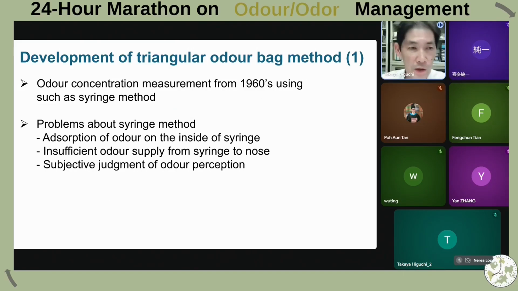And in 1960s, there is no original sensory odor measurement method in Japan. So odors were measured mainly using syringe method or other imported sensory measurement method.